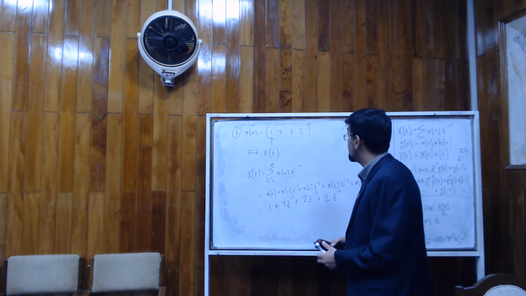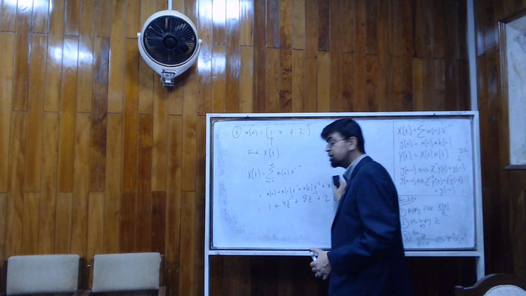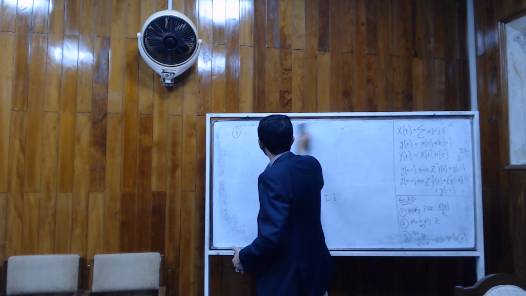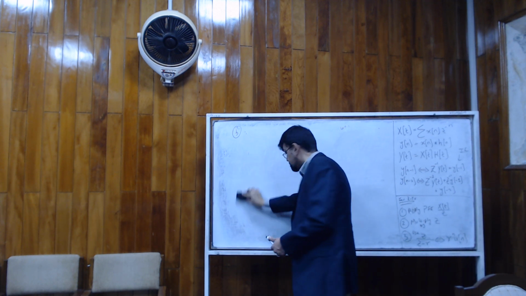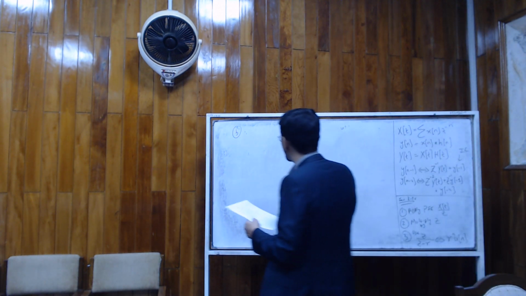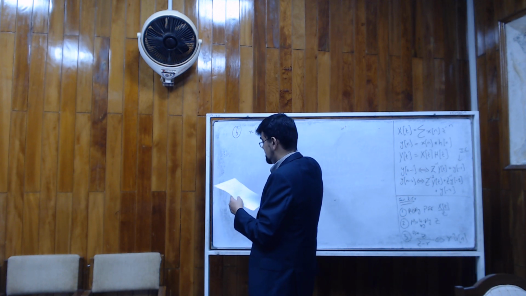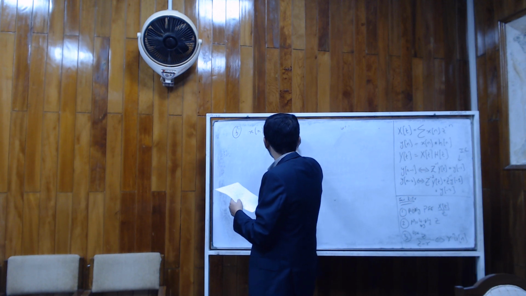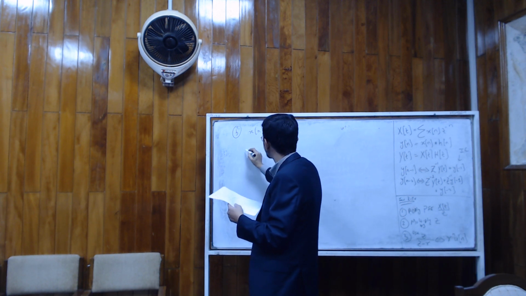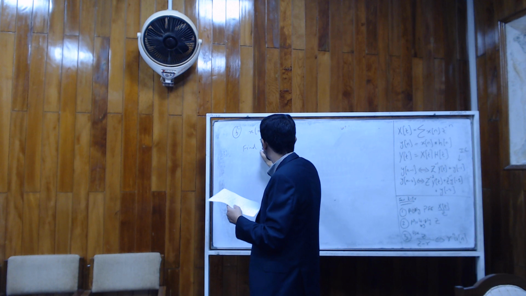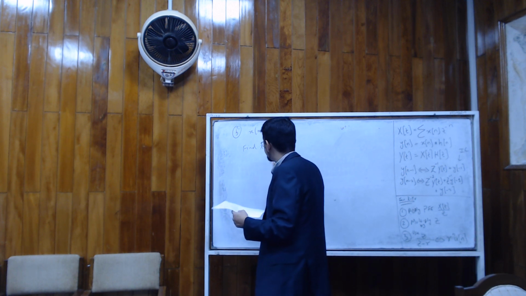Okay, let's make it a bit more interesting. x[n] is 0.5^n u[n]. Find the Z transform.